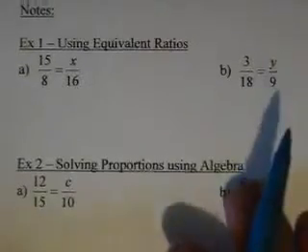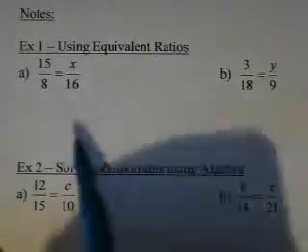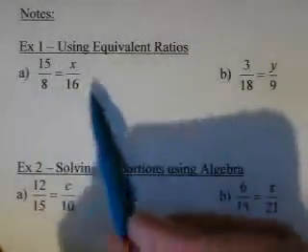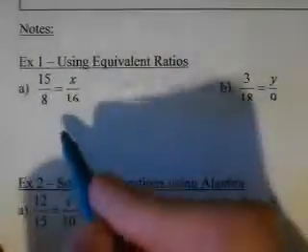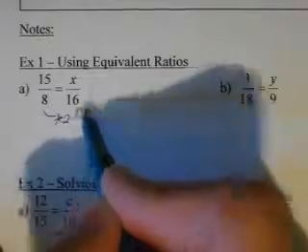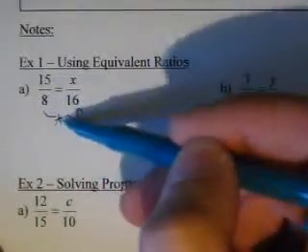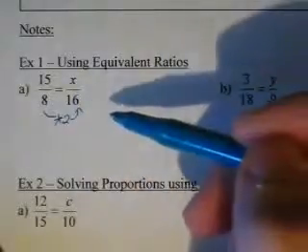Now the first method we can use is called equivalent ratios. And the way that this works is you look for a pattern in the problem. Now here when I look at this, I see, if I took 8 times 2, I would get 12. So if I take this first ratio and times by 2, I will get the second ratio.